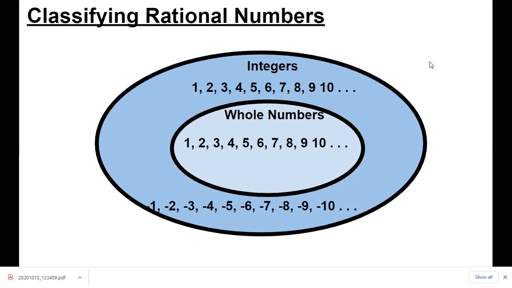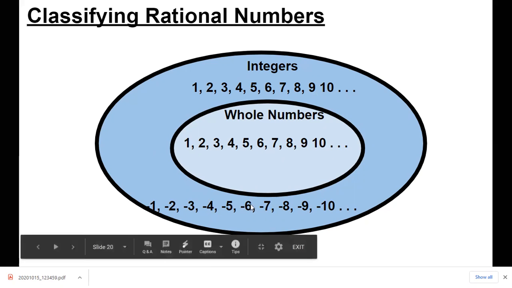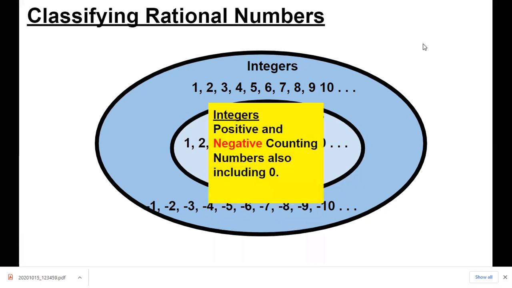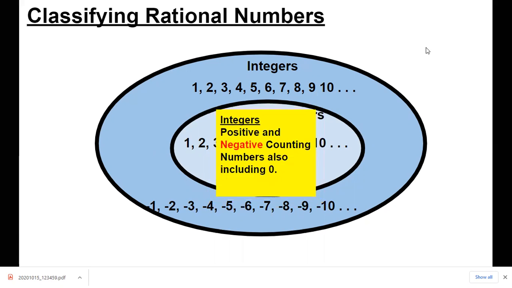Those negative numbers never end going to the left, and they never end going to the right. So integers include all of the whole numbers, but they also include all of the negative whole numbers. Integers are positive and negative counting numbers, also including 0.